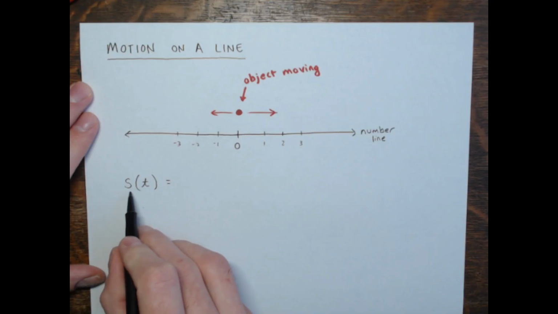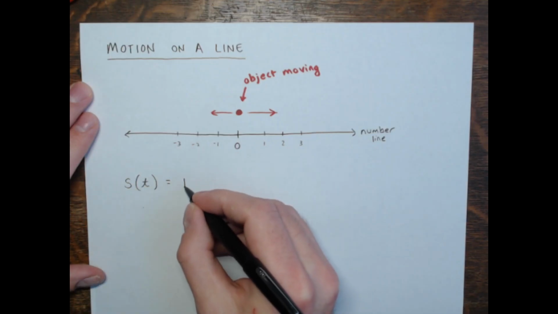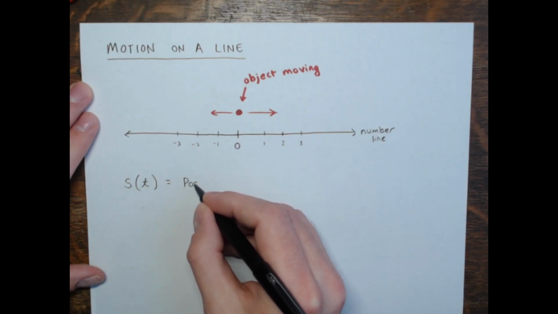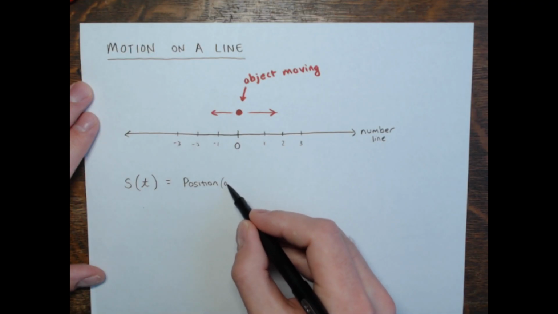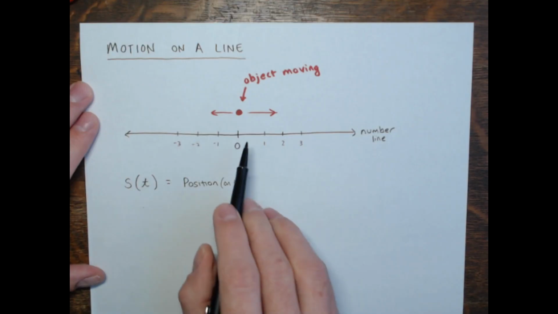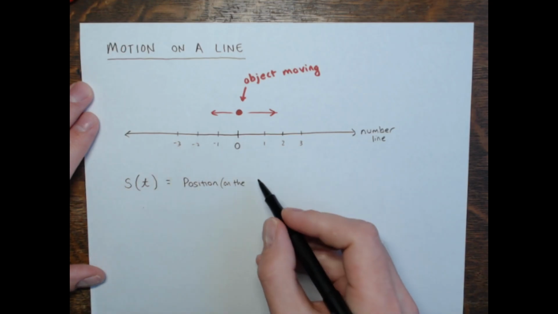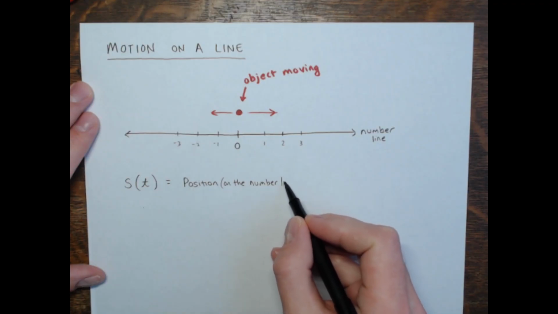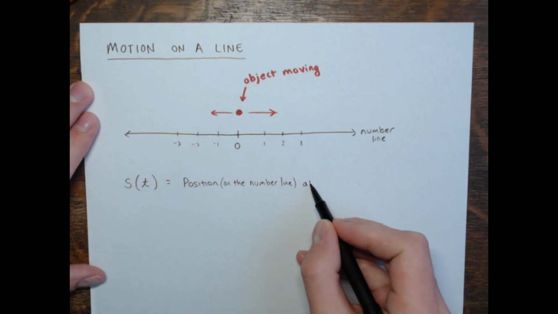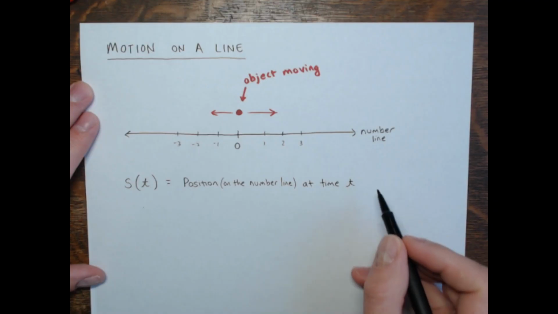The position will depend on time, be a function of time. So this is your position on the number line. What number are we at? What marker are we at on the number line at time t?